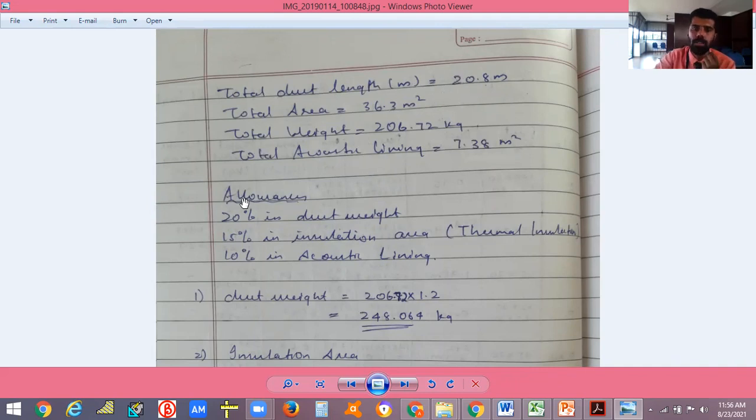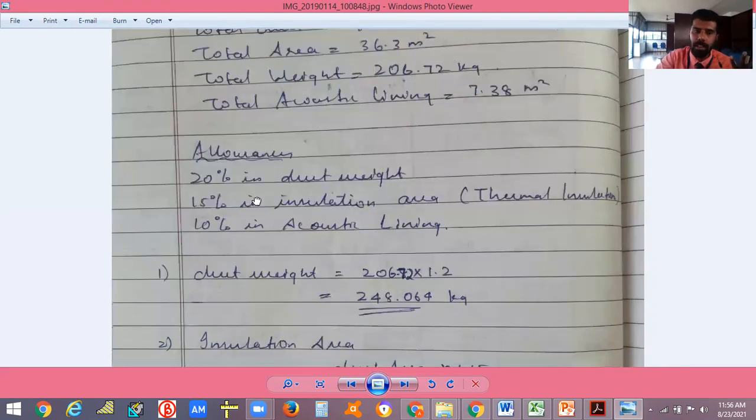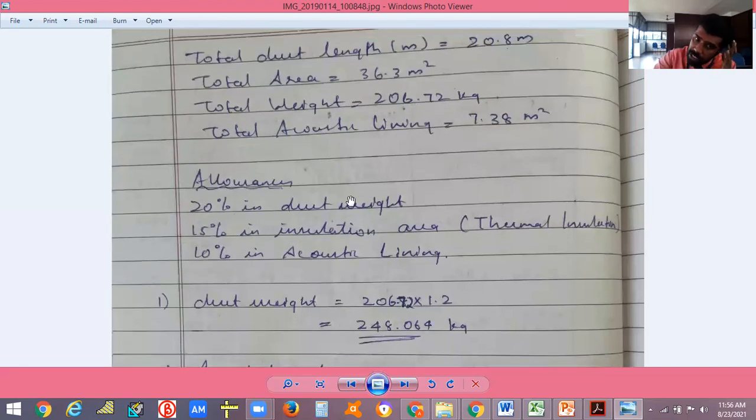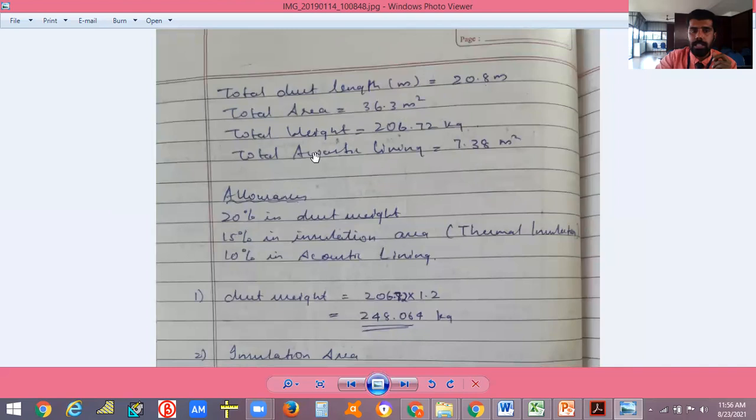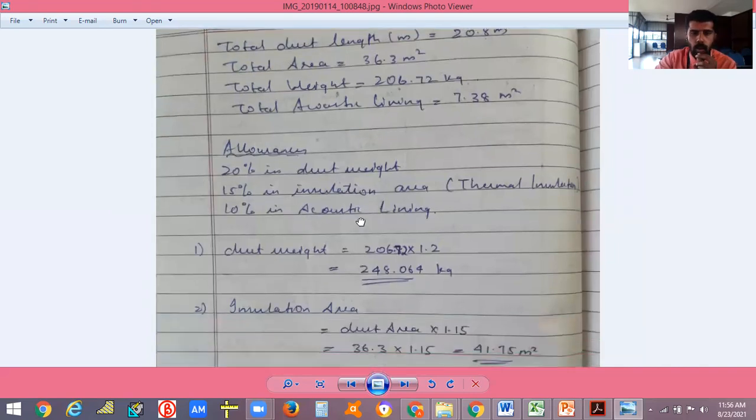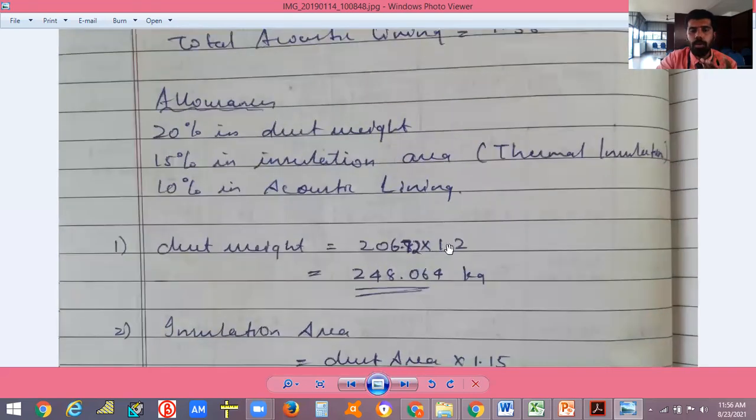Then you have to give an allowance or a safety factor. You have to give 20% in duct weight, 15% in thermal insulation, and 10% in acoustic lining. Duct weight 20%: what is our duct weight? Total duct weight 206.72. So add 20% to it. How will you add 20%? Multiply with 1.2, and you'll be getting this much value.